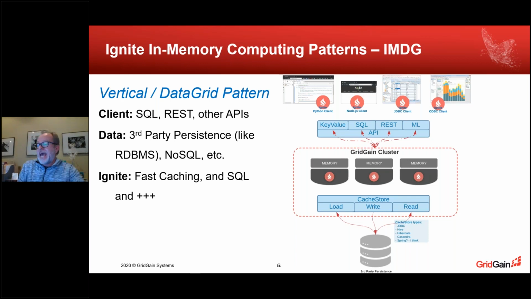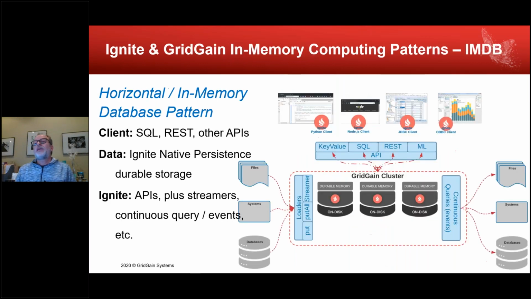But that's a caching strategy. The in-memory data cache is not responsible for the long-term persistence of the data. If the cache goes down, you bring it back up, you recache everything, you go on your way. But you have to have a source of the data that's persistent and has backups and all those kinds of good things. That's when you get into the in-memory database pattern, or IMDB.